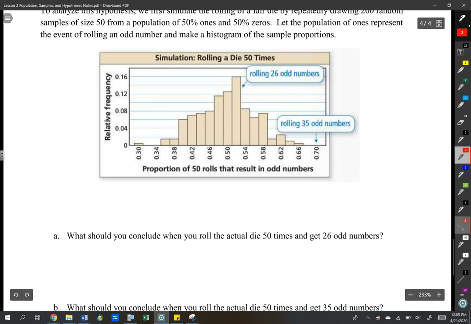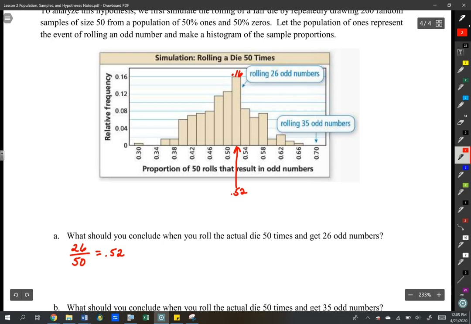Okay, well, first of all, let's see here. 26 divided by 50. If we put that in our calculator, we're going to get 0.52. All right, so 0.52. Let's go find that on our histogram here. Right there is 0.52. And if we look at the frequency at 0.52, we get a value of 0.16.